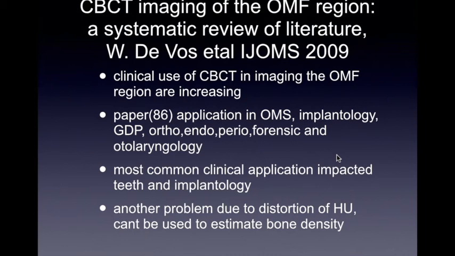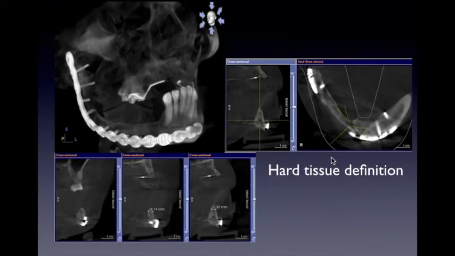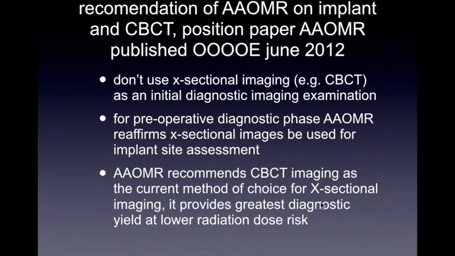CBCTs have faster scan times, but it does have a disadvantage as it could only see in greater detail bone and hard structures versus soft tissue. And that's where, again, CBCT is more valuable: hard tissue definition, as in this particular case that I'm showing.